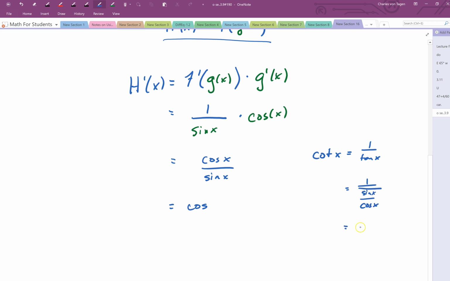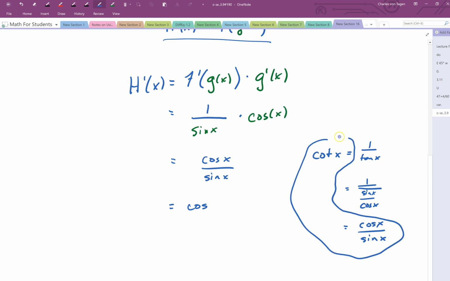And so if I invert and multiply, I get this identity right here: the cotangent is the same as the cosine of x over sine of x. So I can now take this expression right here and replace it with the cotangent of x.